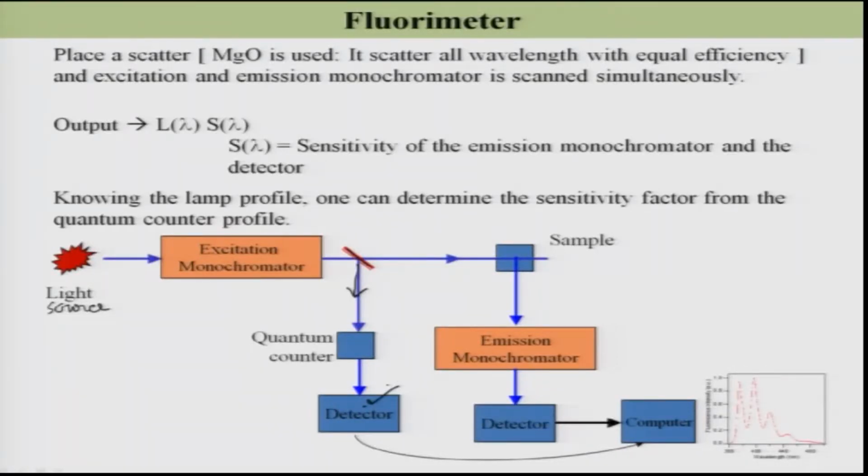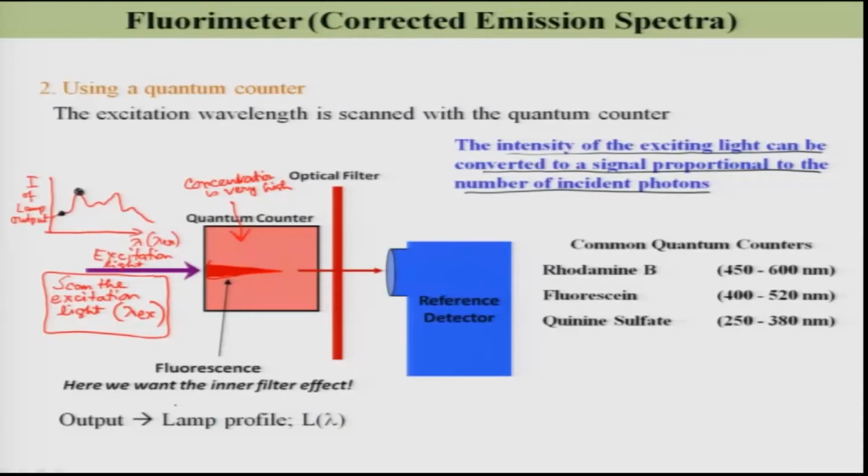So that the complete emission is collected and detected by this detector. In this case the complete emission from this molecule will be detected, and as you change the excitation wavelength here, lambda excitation scan, the detector signal will also vary accordingly. If you plot the intensity at the detector, this detector intensity will also vary as per the lamp spectra. In my lamp spectra, what I showed like this way, the detector intensity will also vary like this way.